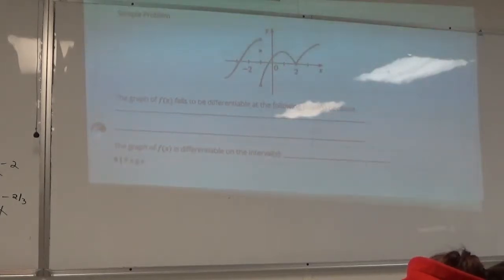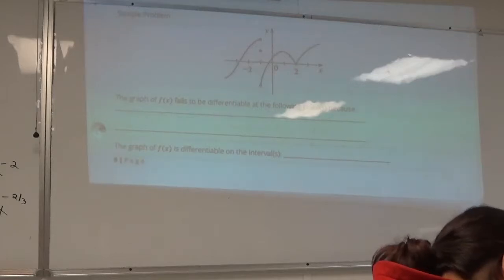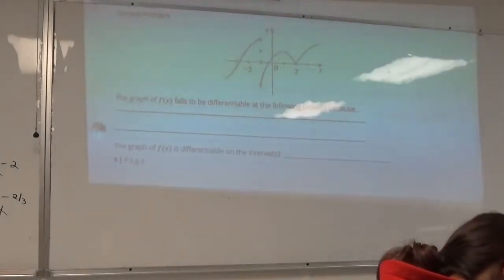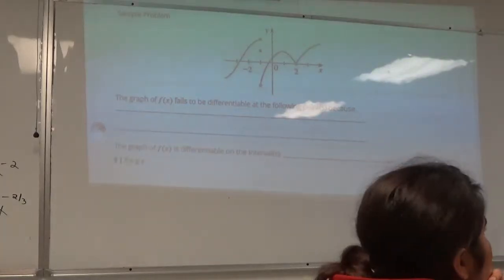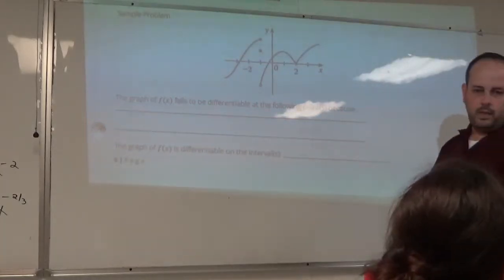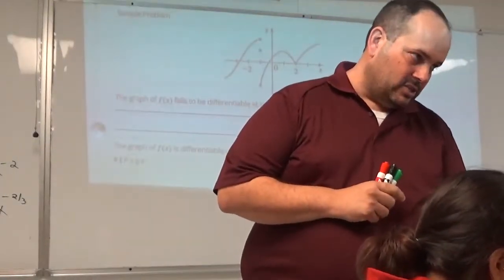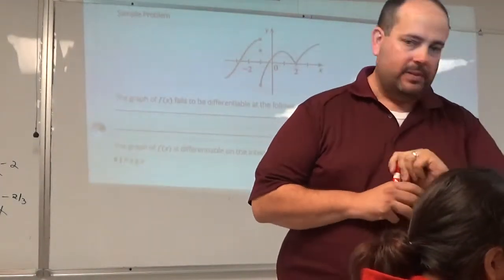When it's round, it doesn't count. We're saying that if the graph has a vertical tangent line, then it is not differentiable.